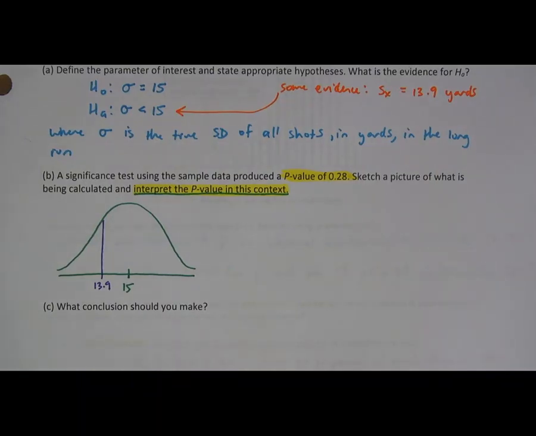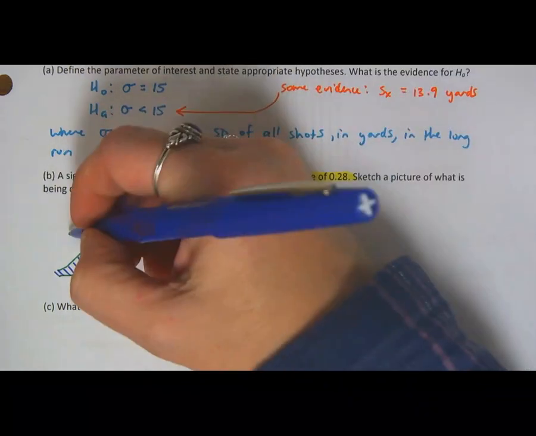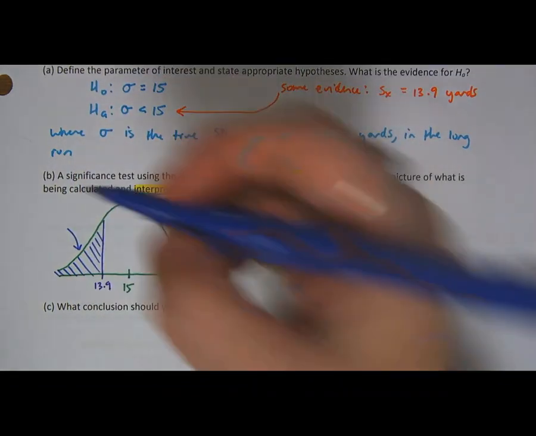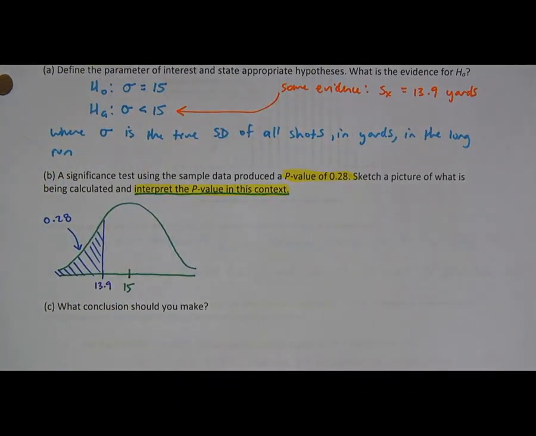And we're trying to find evidence as extreme or more extreme than this. That's why I'm going to shade to the left. So that p-value, that's where the 0.28 would be, it's the shaded region. And let's put into words what that actually means in context here.